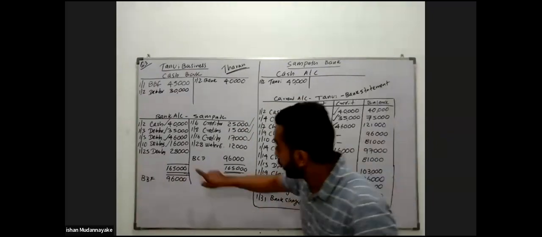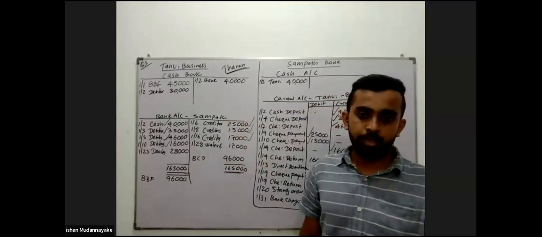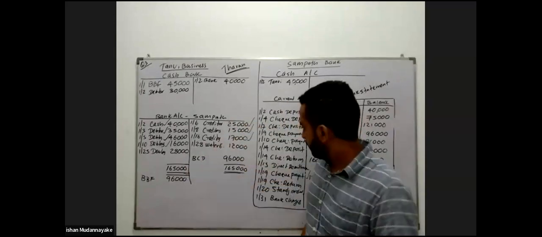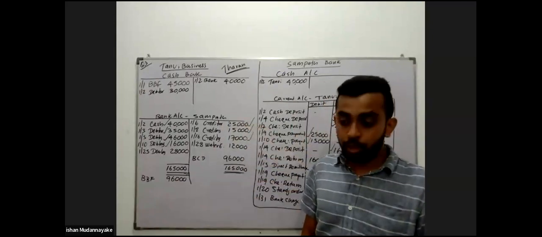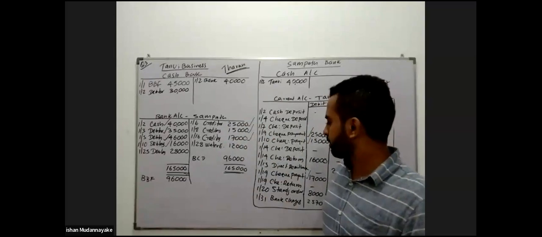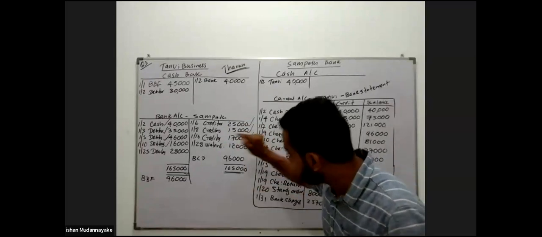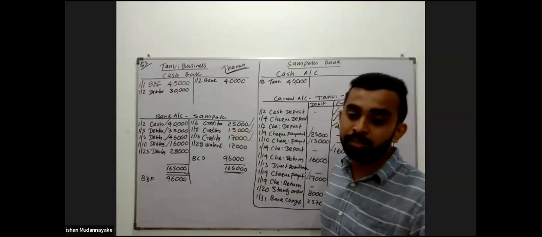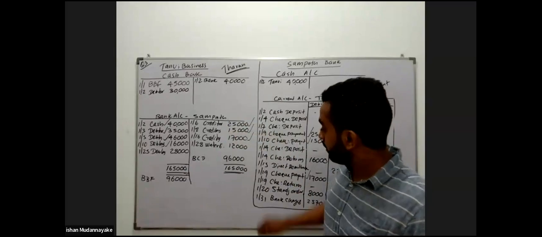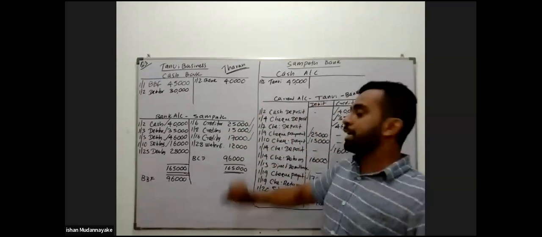Therefore, no need to adjust this 20,000 in your books again. You have recorded properly. This 12,000 is also the same. You have issued the check and recorded it properly, but the bank has still not paid cash for this check.